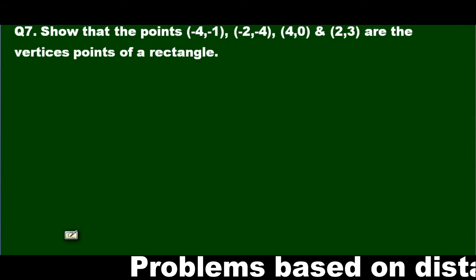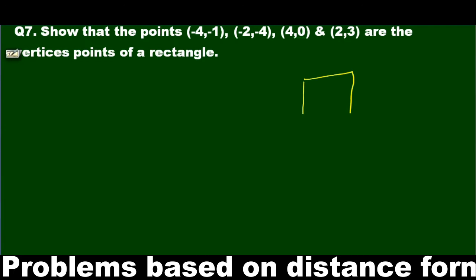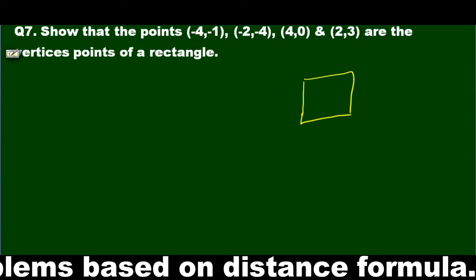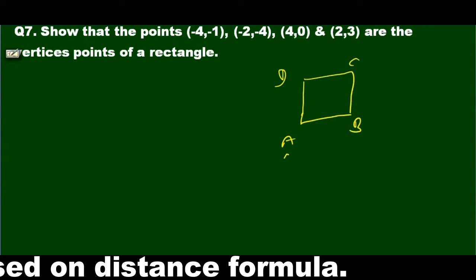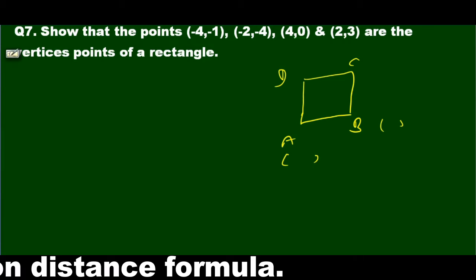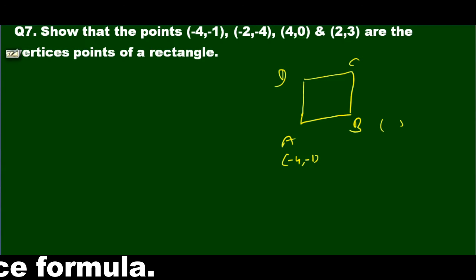For this, first of all you draw a rough sketch of a diagram, clear, named ABCD, and write the coordinates here. Coordinates of A are -4, -1, right?